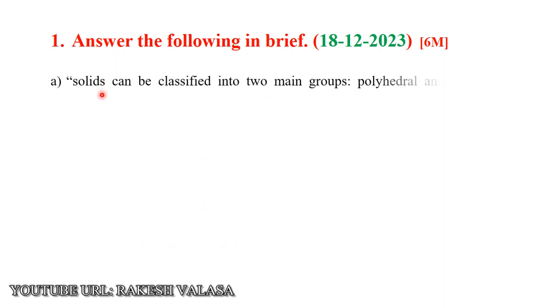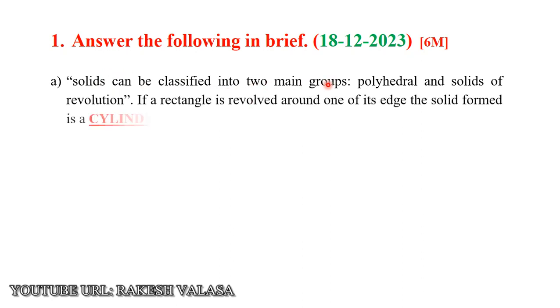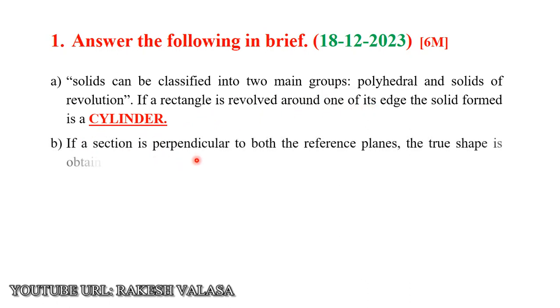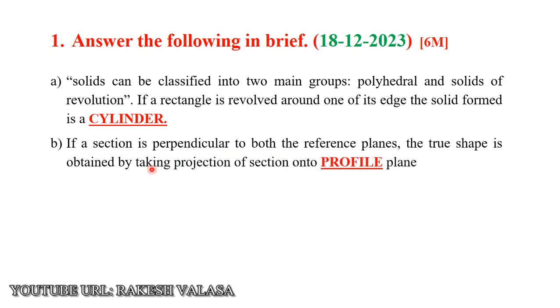Question number A. Solids can be classified into two main groups, polyhedral and solids of revolution. If a rectangle is revolved around one of its edges, the solid form is a cylinder. Question number B. If a section is perpendicular to both reference planes, the true shape is obtained by taking projection of section onto profile plane.